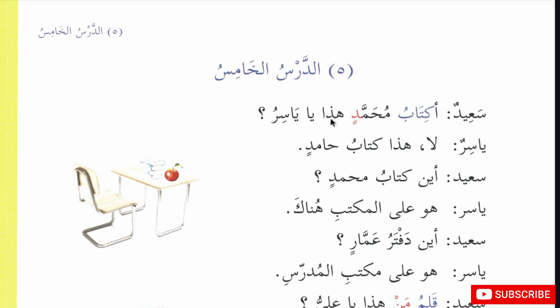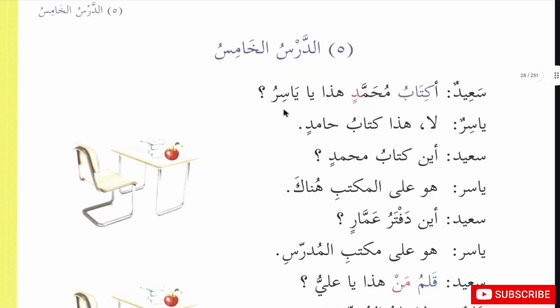Hada here is a way of saying, in the basic sense, you could say hada kitab Muhammad. Kitabu Muhammadin hada ya Yasir, is this the book of Muhammad, ya Yasir?